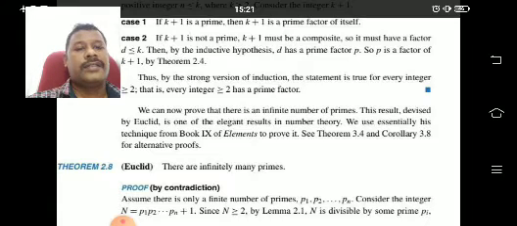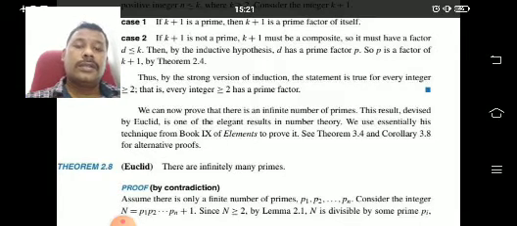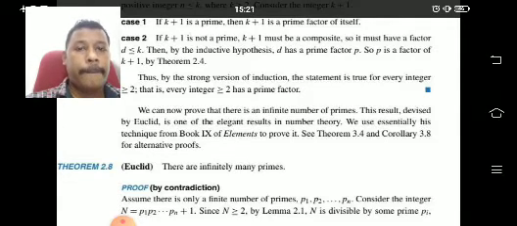Prime numbers do not break off. We know that 1, 2, 3, etc. go to infinity. In a similar manner, prime numbers 2, 3, 5, 7, 11, etc. This theorem says that there are infinitely many primes.